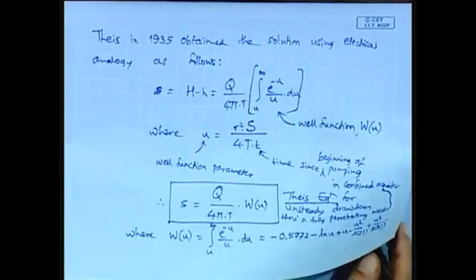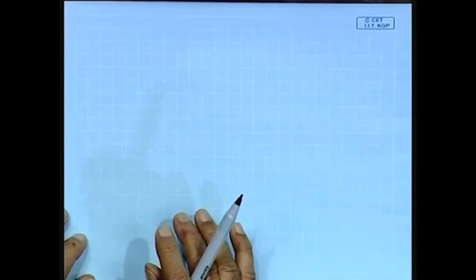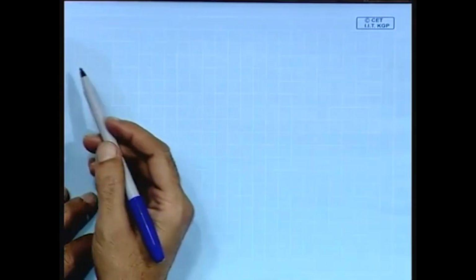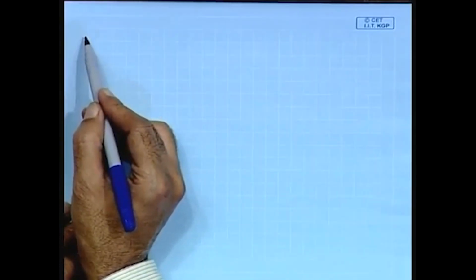And now, there are various tables given for well function values for different well function parameters, and so this Theis equation can be solved by graphical methods.